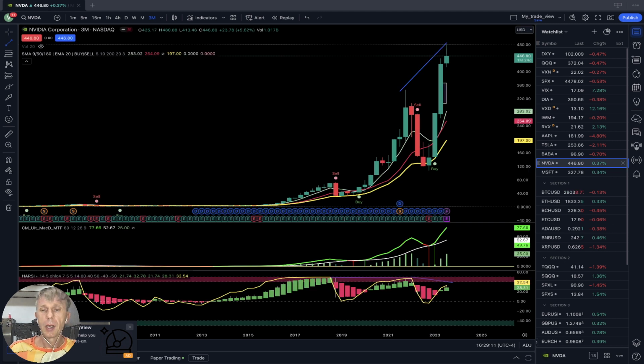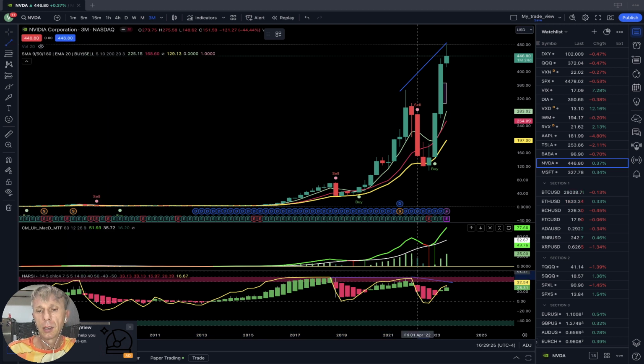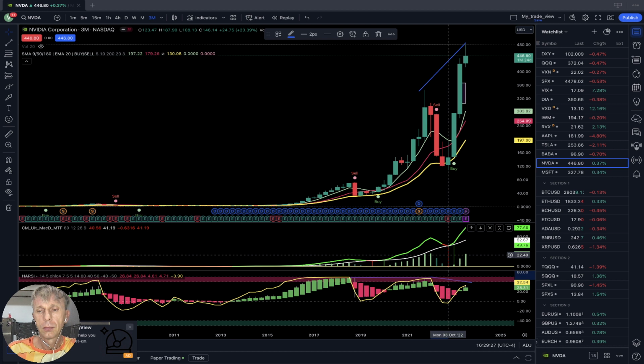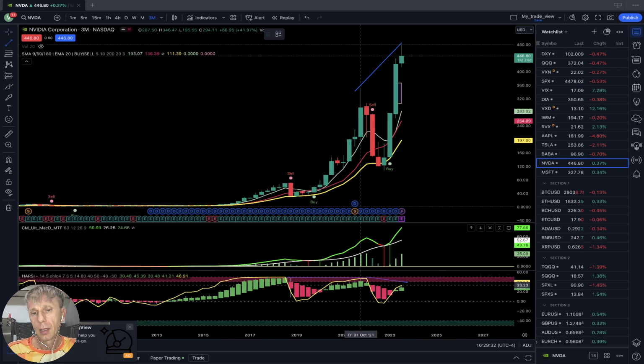NVIDIA, huge run. Bearish divergence on the RSI, on the Heikin-Ashi, on the MACD bar, on the MACD histogram, right? Look at it here. Let's do it one more time.